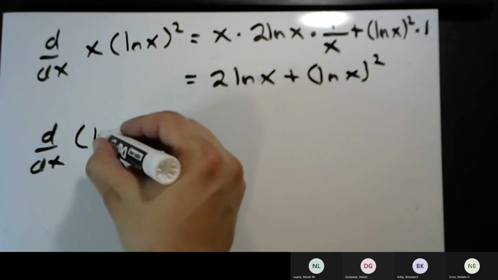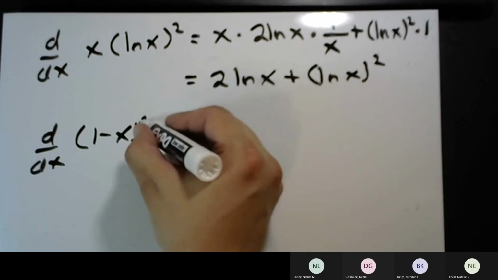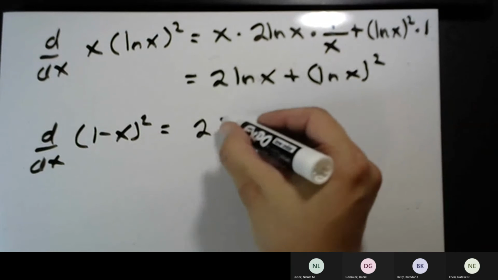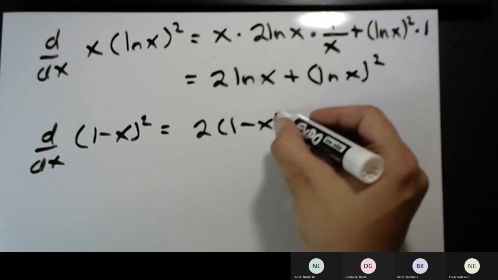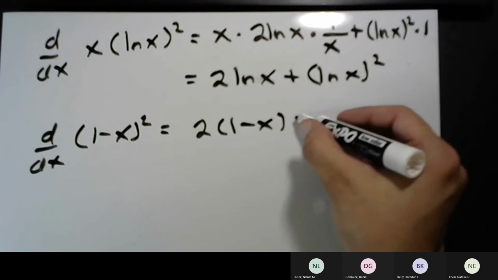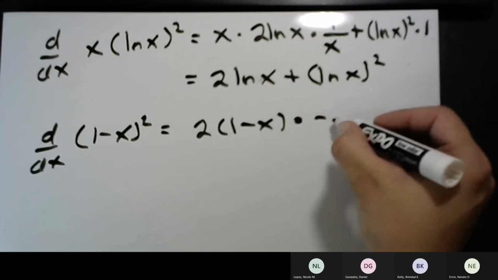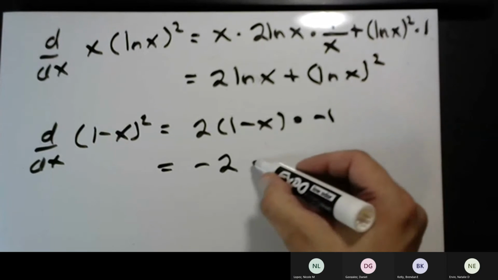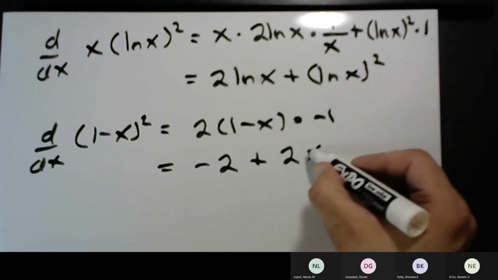And for the denominator, we'll get 2 times 1 minus x times negative 1, or negative 2 plus 2x.